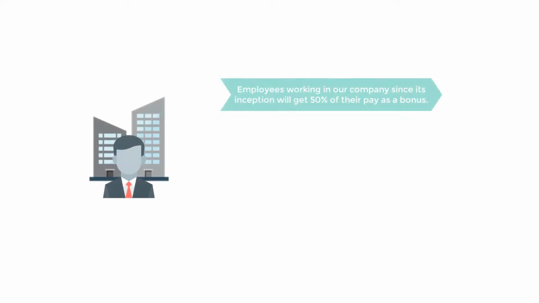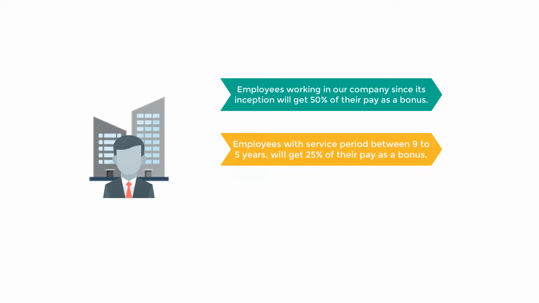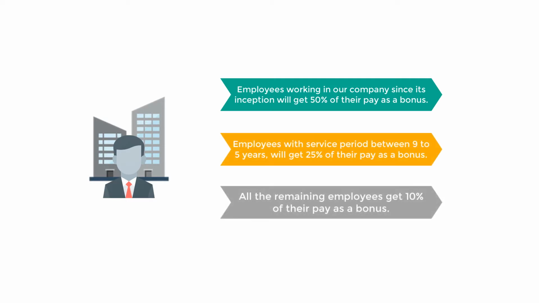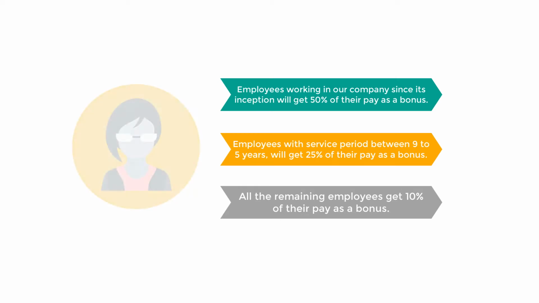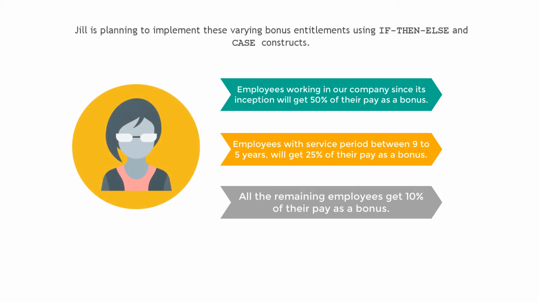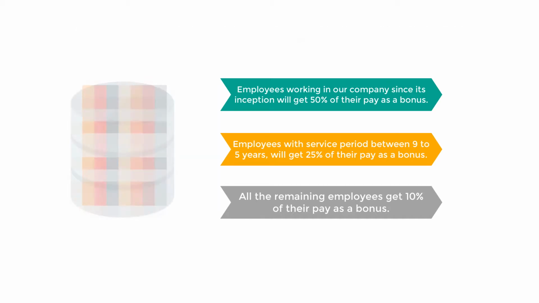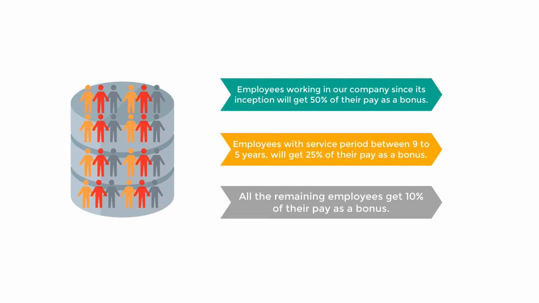As you already know, Jill's organization announced a one-time bonus to all its employees on the occasion of completing 10 years in the industry. You also know that Jill is using conditional constructs provided by PLSQL in calculating the varying bonus entitlements. But there are more than 100 employees in Jill's organization for whom the bonus entitlement has to be calculated.